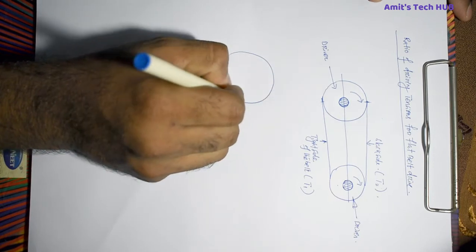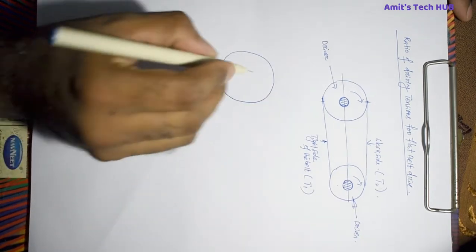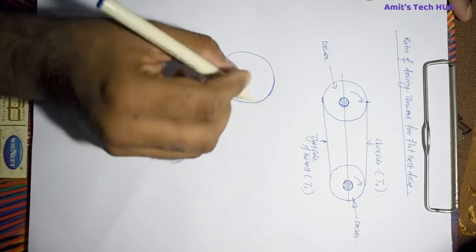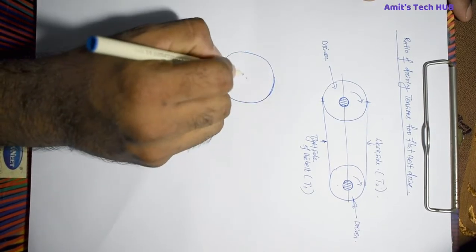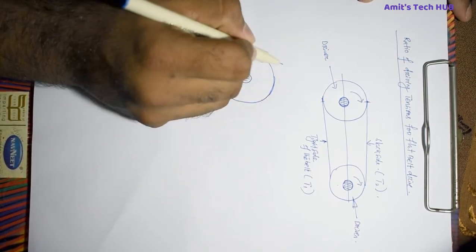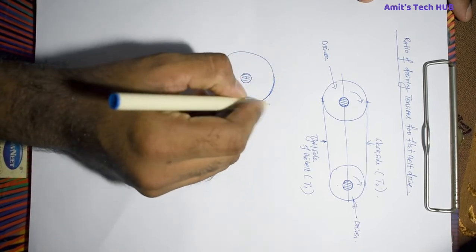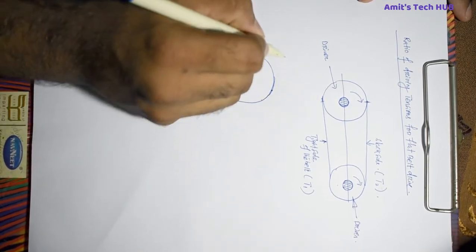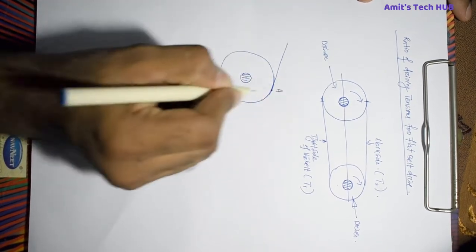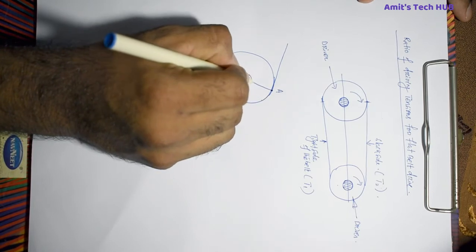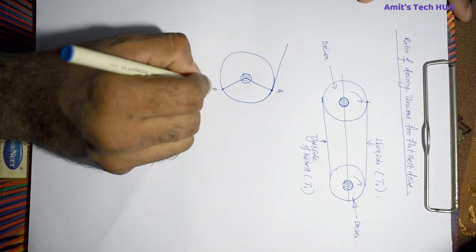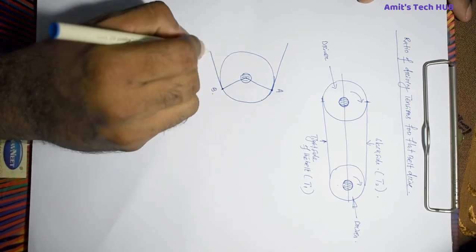Suppose this is the driven pulley, and this is the driven shaft, and let the belt touch the pulley at point A and leave the pulley at point B, like this.